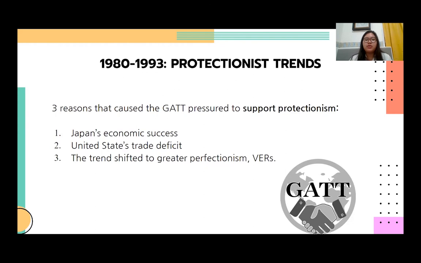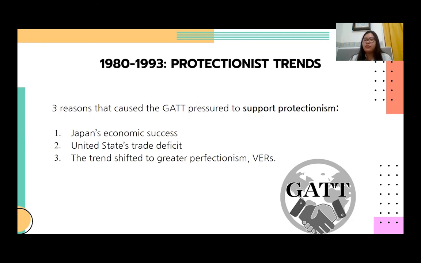And the third one, the trend shifted to greater protectionism because many countries found a way around GATT regulations. Bilateral voluntary export restraints, or VERs, found a way around GATT agreements because neither the importing country nor the exporting country complained to the GATT bureaucracy in Geneva, and without a complaint, GATT can't do anything.